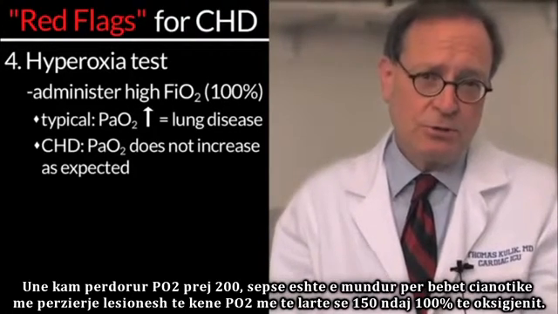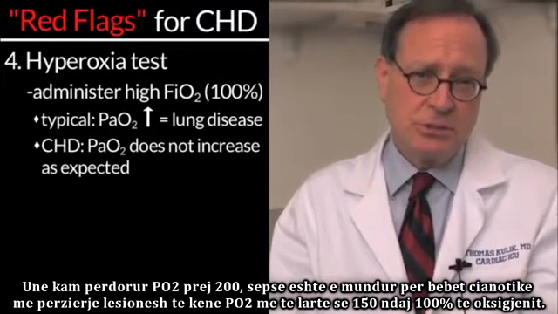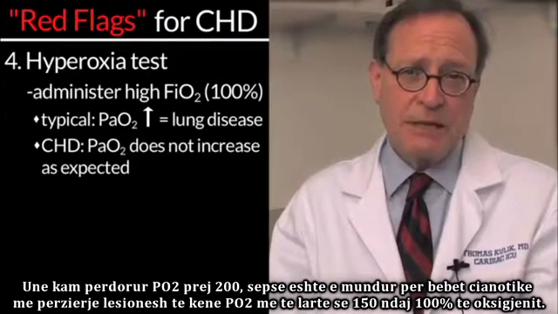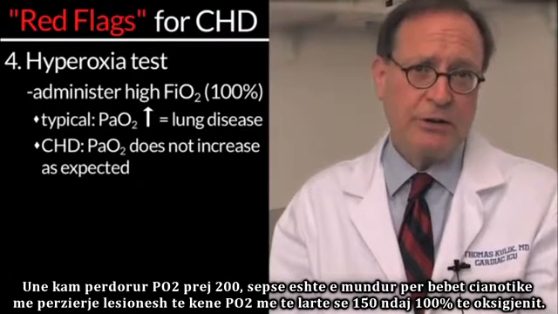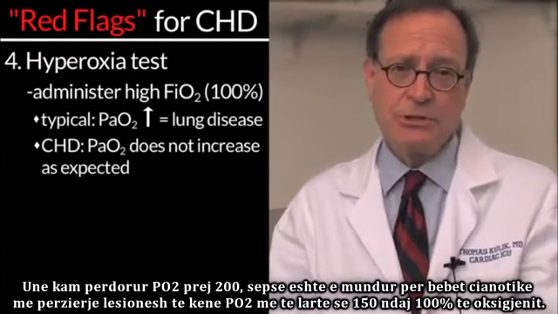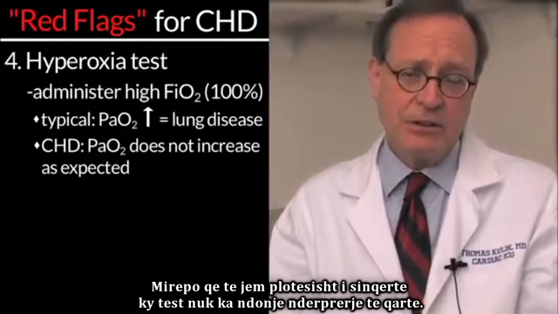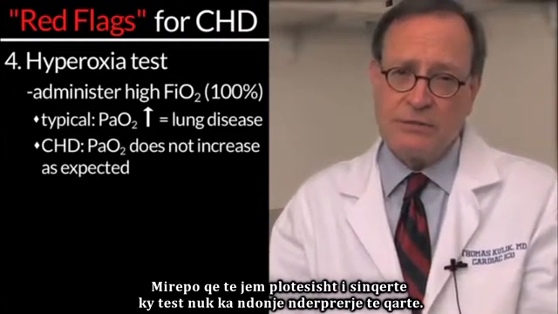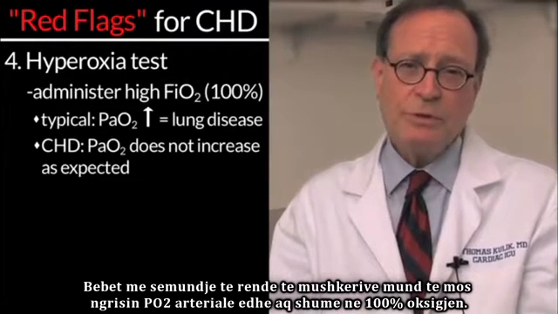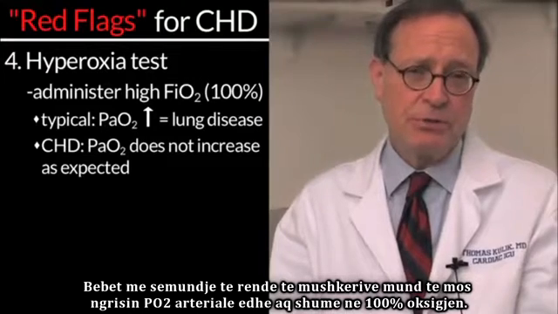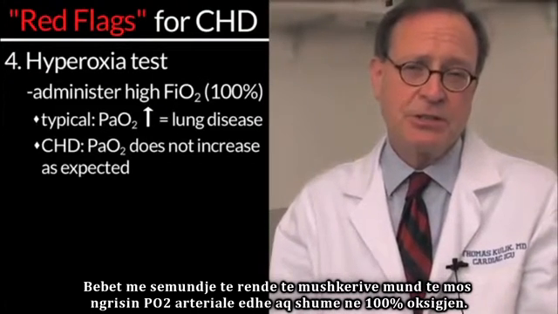I've used PO2 of 200 because it's certainly possible for babies with cyanotic mixing lesions to have PO2s of greater than 150 on 100% oxygen. But to be quite honest, this test doesn't have a clear-cut cutoff. Babies with very severe lung disease may not increase their arterial PO2s that much on 100% oxygen.